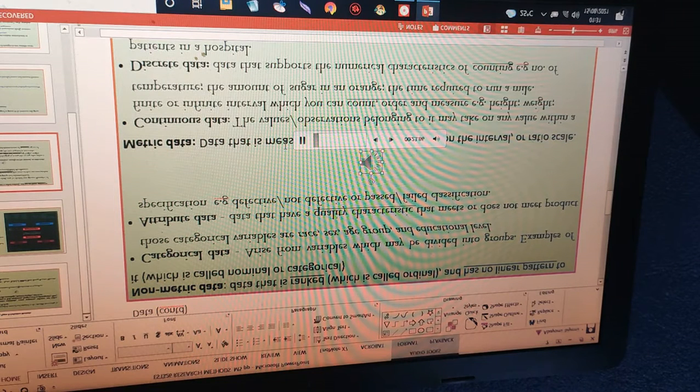It is usually nominal and categorical, or ordinal if you like, because ordinal is categorical also, and you rank it. So non-metric data is usually ranked, and that is ordinal. You can also rank nominal, male and female. You can count how many female, how many male, so you can rank them. And they have no linear relationship.